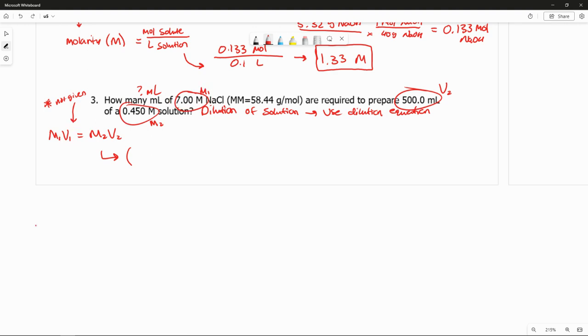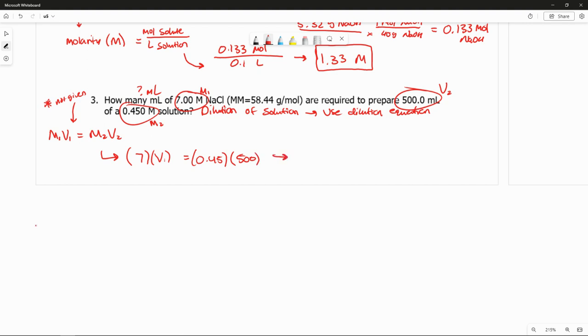So we have M1 here, 7 molar times volume 1 is going to be equal to the molar of number 2 times our second volume, 500 milliliters. It doesn't really matter, but let's follow the format. We have our 0.45 molar solution and 500 milliliters of our volume.